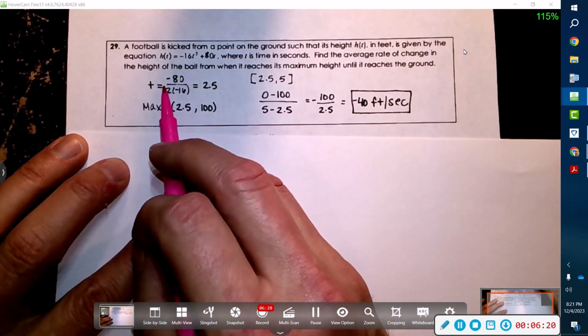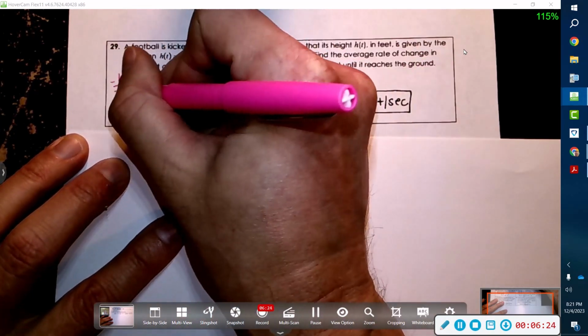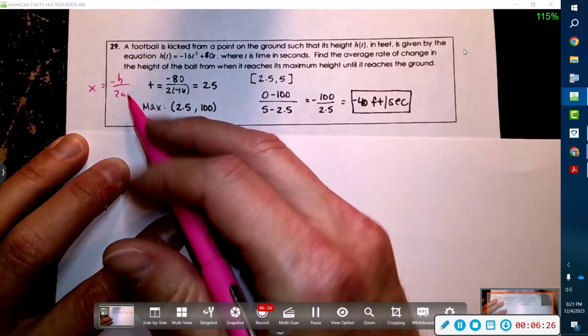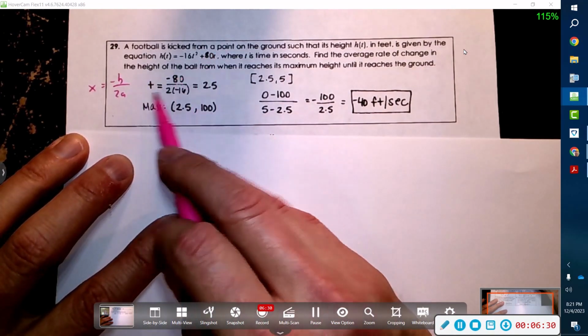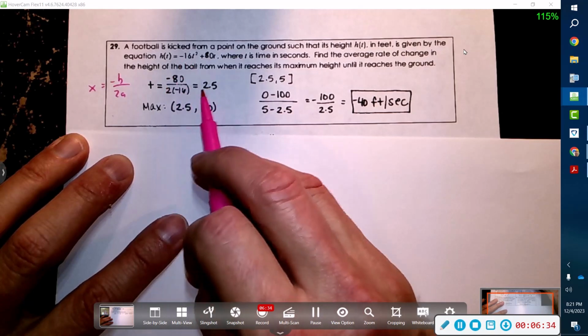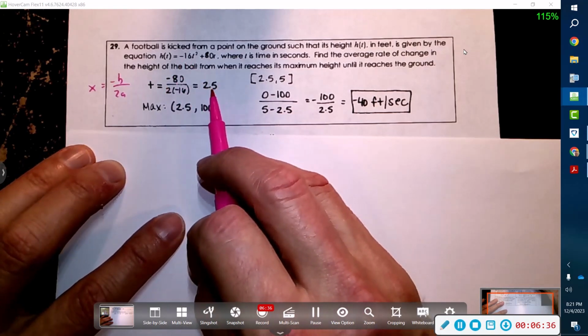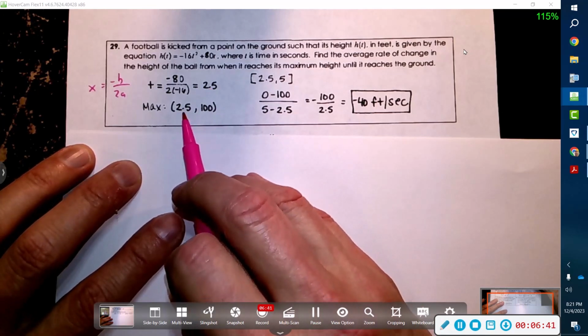Well, the maximum height occurs at -b over 2a, that formula right there. And we take the -b, which in this case is -80, divided by 2 times a. Now that's 2.5. Now let's plug in 2.5, because that's after how many seconds it hits its maximum.